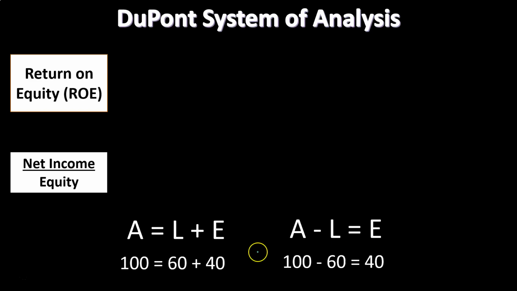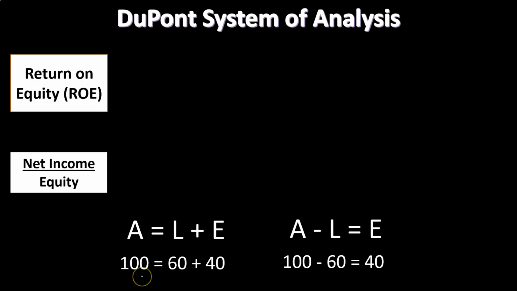Now, if you think about this accounting equation for an initial investment, let's say we're starting a business, and you wanted $100 of assets in order to start the business. Then you can imagine this equation as being $100 equals, if you were able to get a $60 loan, plus $40 of equity.